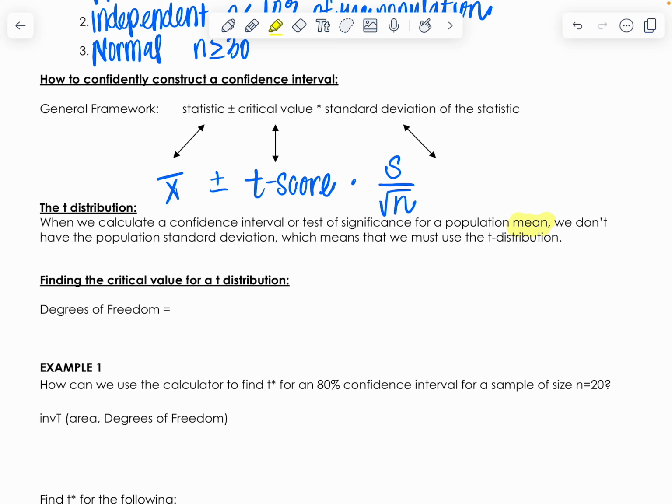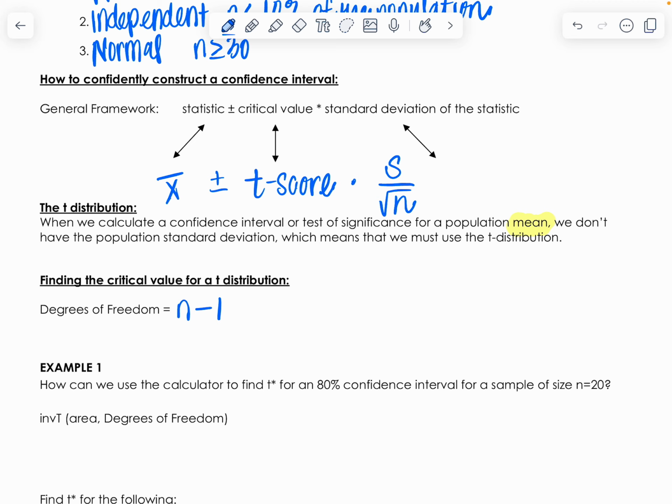So this is just one of those weird rules statistically that we have to follow, specifically because we do not have all the information that we need in order to use the z-score. So when we use a t-distribution, we use what are called degrees of freedom. Your degrees of freedom are always equal to n minus 1. So whatever your sample size is, minus 1 from that.